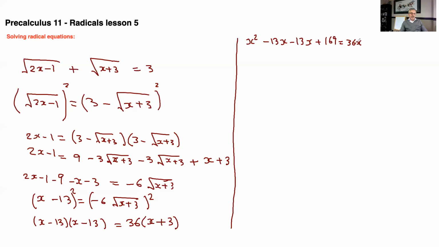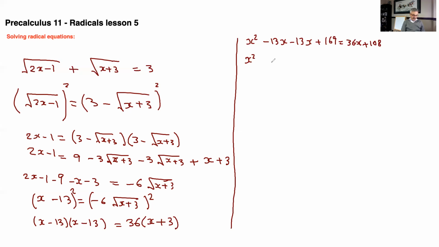plus, I'm tired, I'm going to use my calculator. 36 times 3, 108, that's what I thought. Now I'm going to move everything to this side. So x squared, this is minus 26x minus 36x.